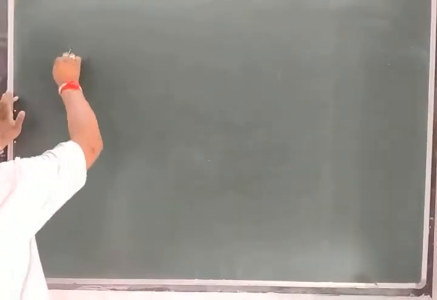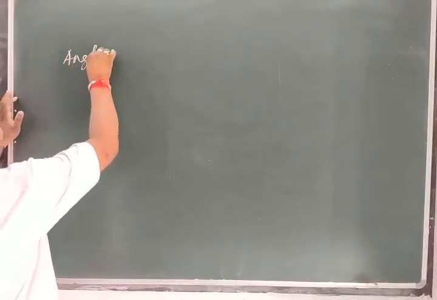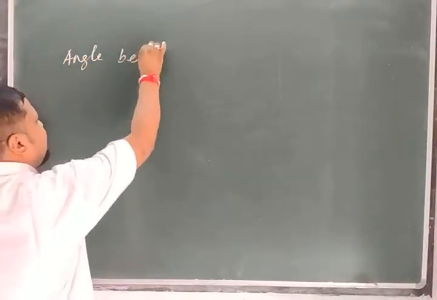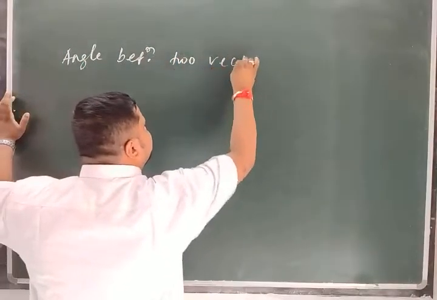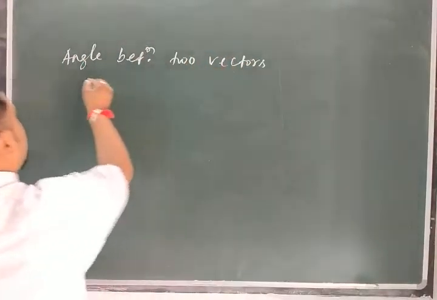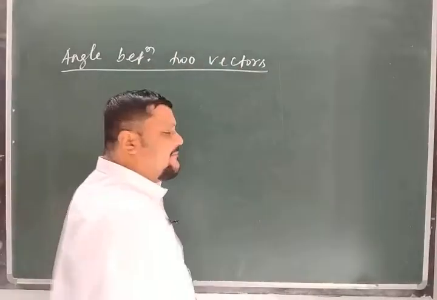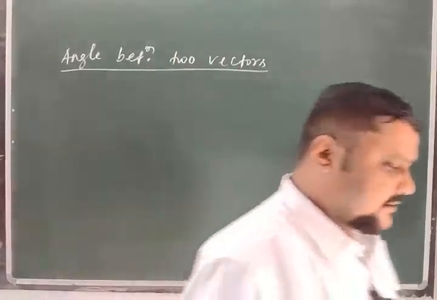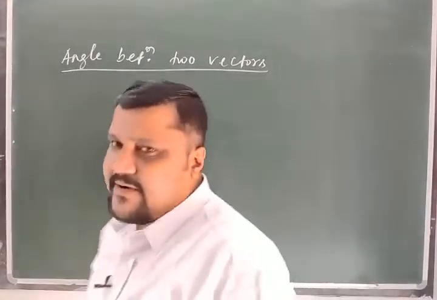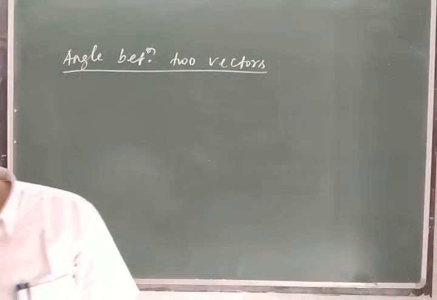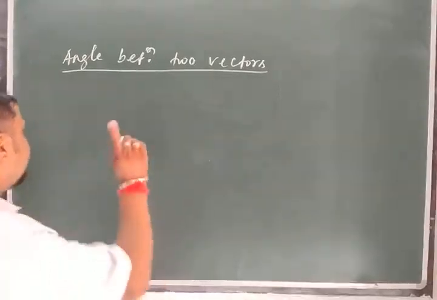Now we will go for the angle: how to find the angle between two vectors. To know the angle between two vectors, you remember one thing, the join rule number 1.